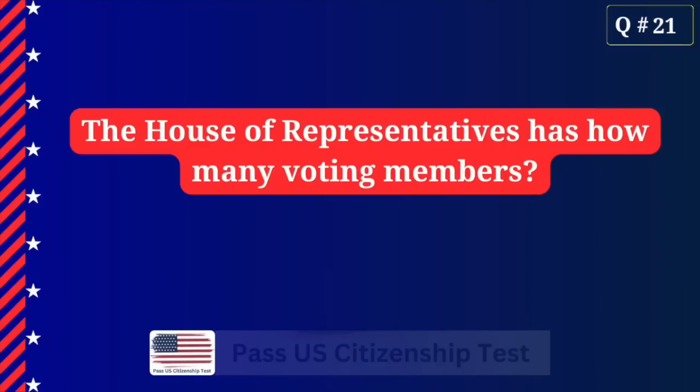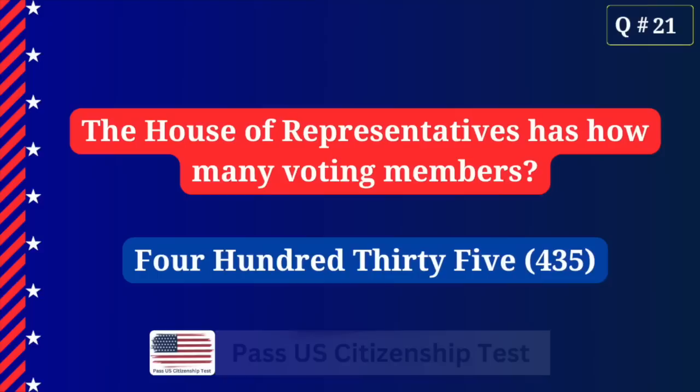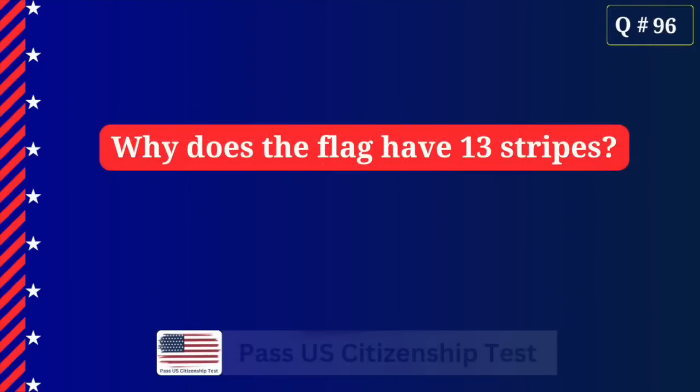The House of Representatives has how many voting members? 435. Why does the flag have 13 stripes?